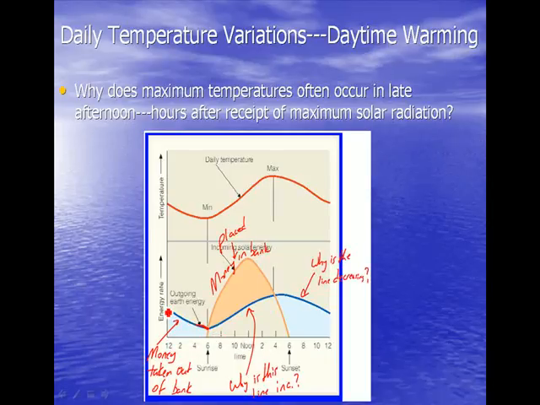The Earth has been emitting energy all evening, and so as we begin to hit sunrise, we see this curve here beginning to take off. This curve here is the solar radiation coming in from the sun, and so our shortwave radiation increases to a maximum right around noon, and we're still receiving solar radiation from the sun all the way to about, in this example, 4 o'clock.